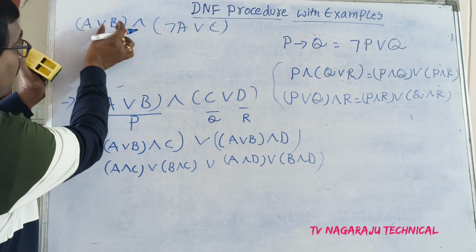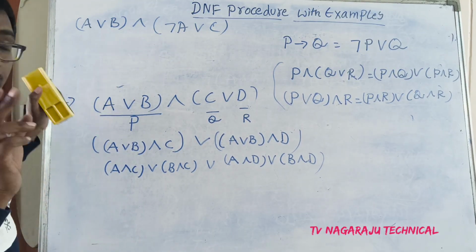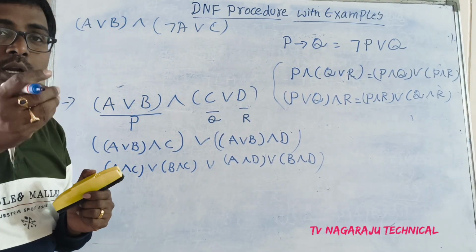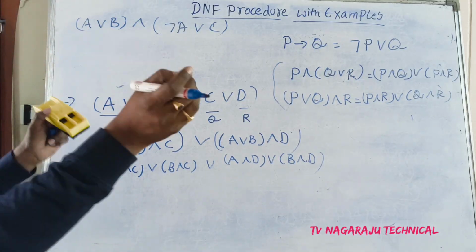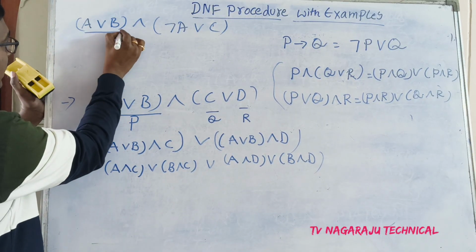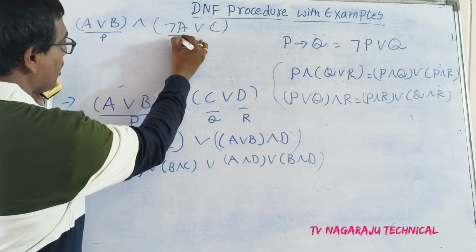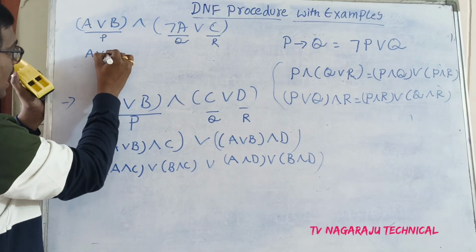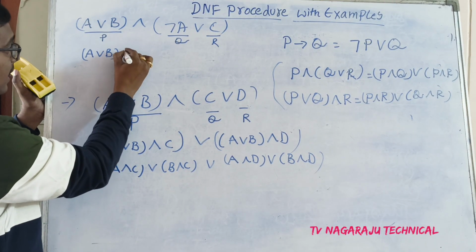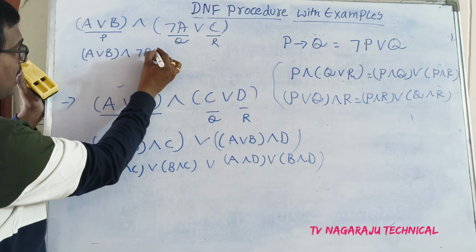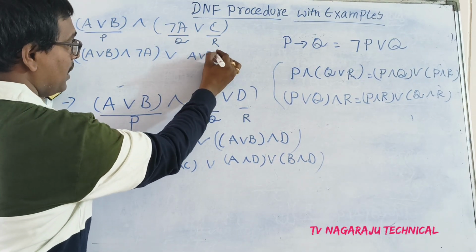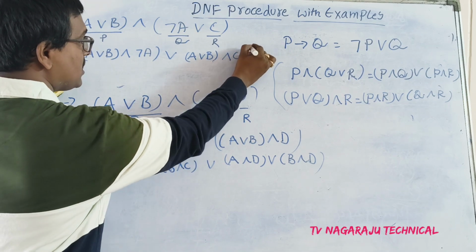This is a product of sums, that means this is in the CNF format. Now what is your aim? You need to apply AND over OR. Now again same P, Q, R. So see this one: (A or B) and negation A, or (A or B) and C.